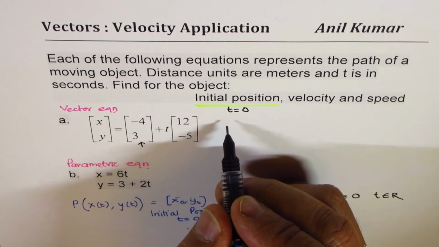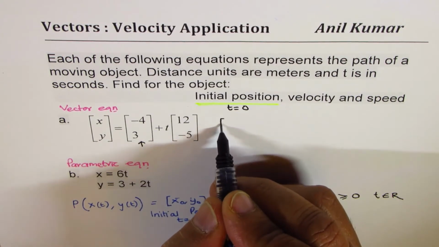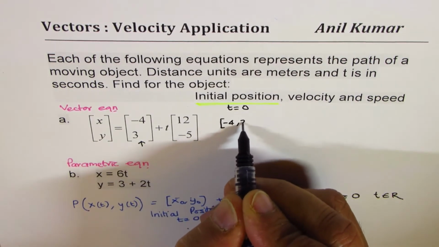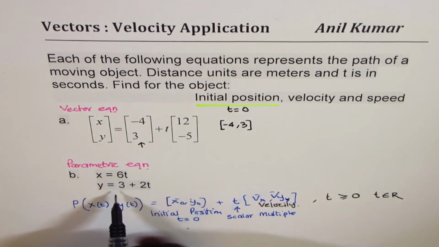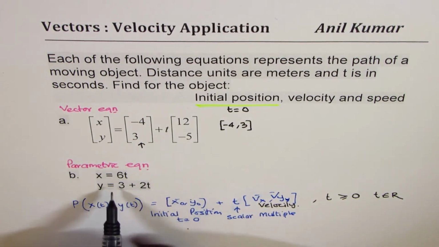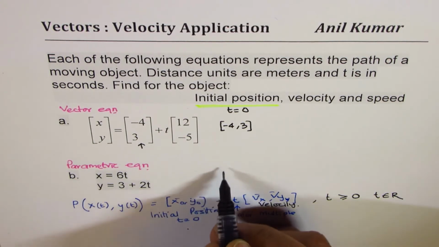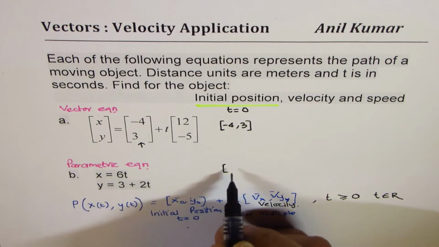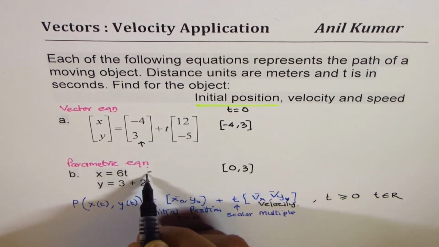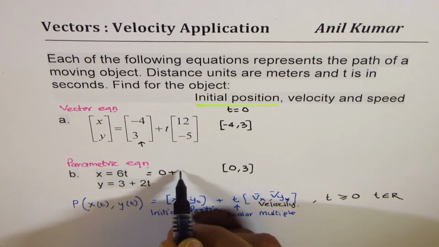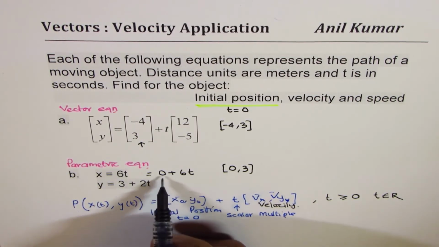So the initial position, if I write it as a position vector, will be minus 4, 3. In the parametric form, if I write t equals 0, for x I get 0 and for y I get 3. So here the position will be 0, 3, correct? I could write this as 0 plus 60. You get an idea. So that is how we can just see it.